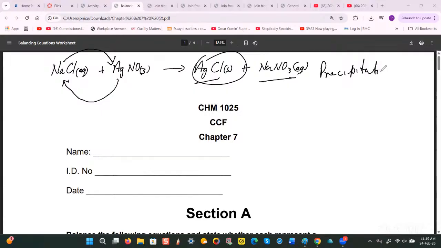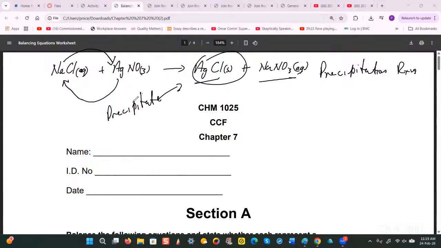The solid that is formed is called a precipitate. A precipitate is a solid formed as a result of two solutions reacting with each other, and a precipitation reaction is one where a solid forms when two solutions react. That's what happens in this type of reaction.